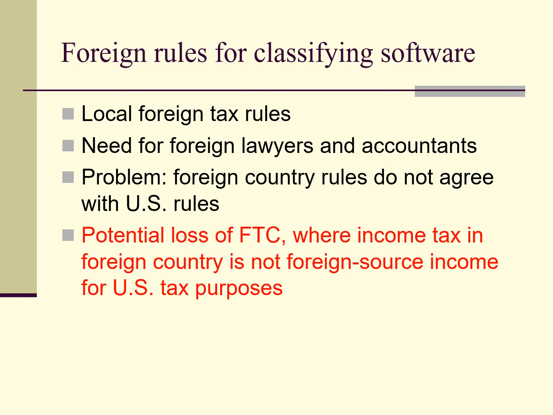A key thing to know when rules do not agree is the U.S. foreign tax credit can be lost if the foreign country imposes an income tax on a software or other digital product transaction, even though the United States does not deem the transaction to result in foreign source income. Recall that only foreign source income is eligible for the foreign tax credit relief.